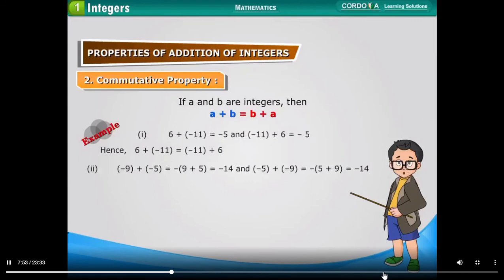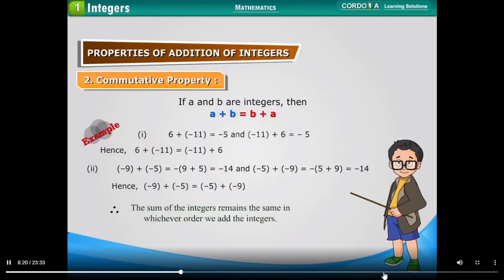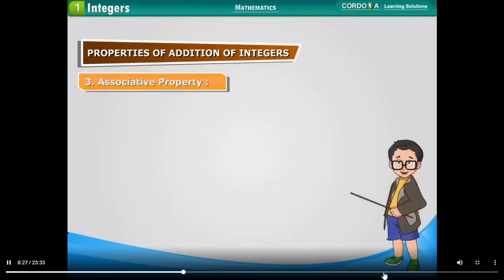Negative 9 plus negative 5 is equal to minus 9 plus 5, which is equal to negative 14, and negative 5 plus negative 9 is equal to minus 5 plus 9, which is equal to negative 14. Hence, negative 9 plus negative 5 is equal to negative 5 plus negative 9. Therefore, the sum of integers remains the same in whichever order we add.